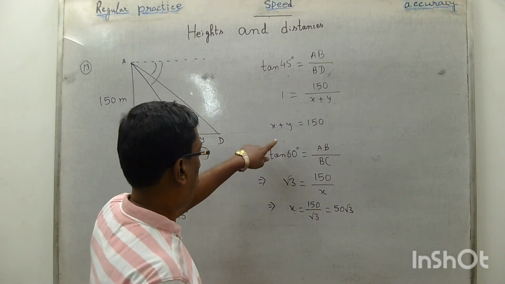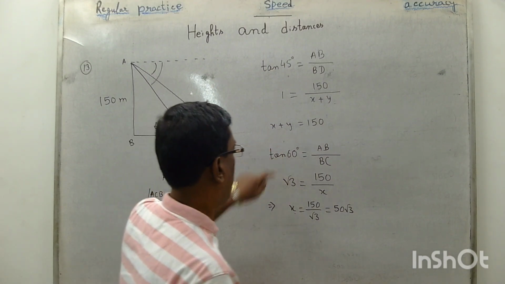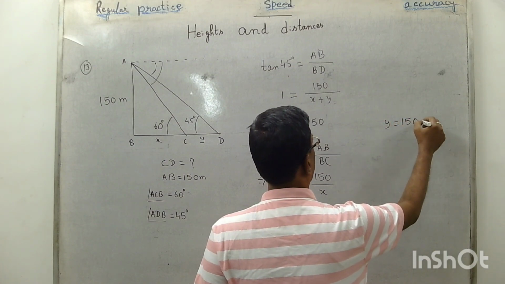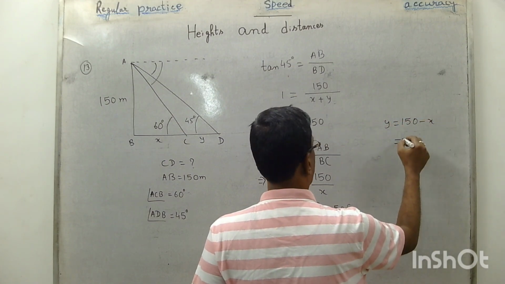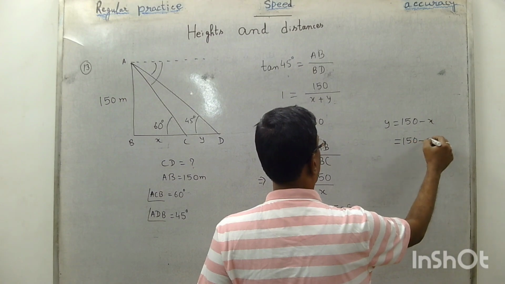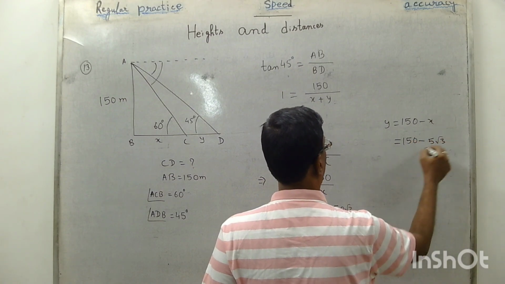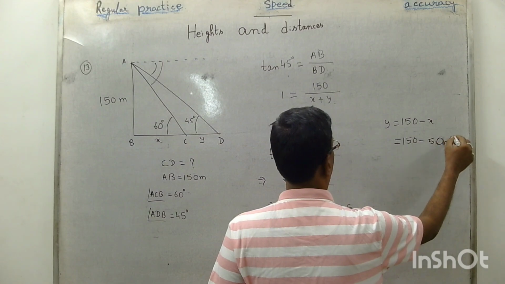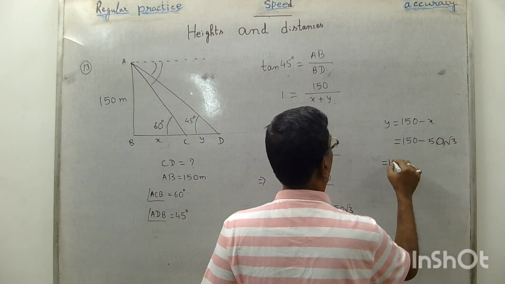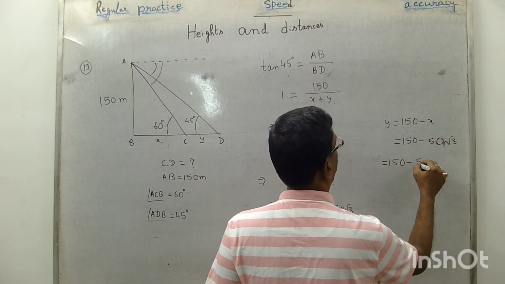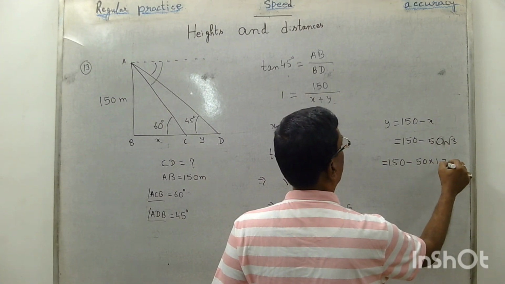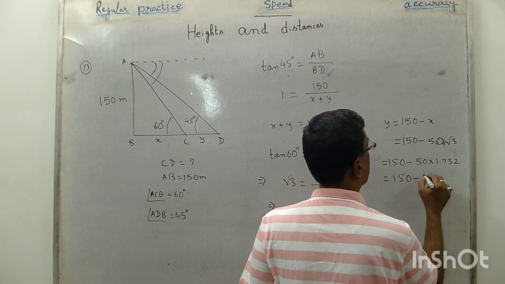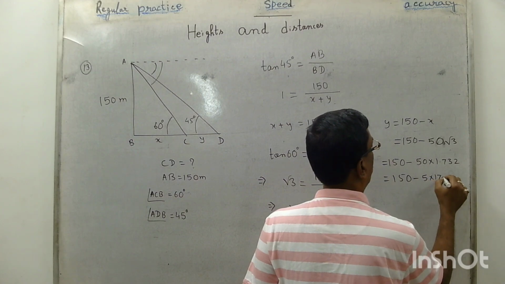But we have to find Y. So Y equals to 150 minus X. It is 150 minus 50 √3. 150 minus 50 into 1.732. 150 minus 5 into 17.32.